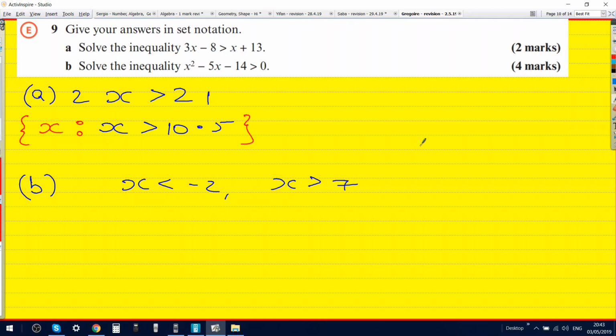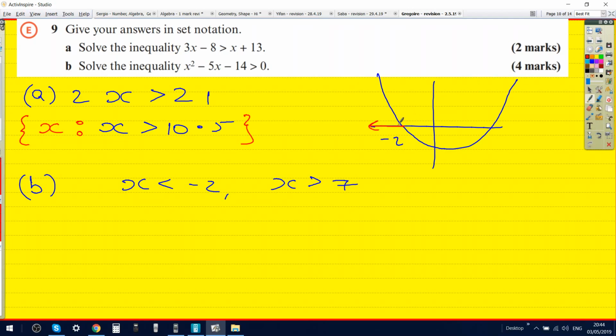How do you know that it's less than minus 2 and not greater than minus 2? You don't know, it doesn't say. Maybe you can just use the graph. If you have your graph and you're asked when is the graph greater than 0, well, it's greater than 0 when x is less than -2, and also when x is bigger than 7. Got it. So that's how it works.